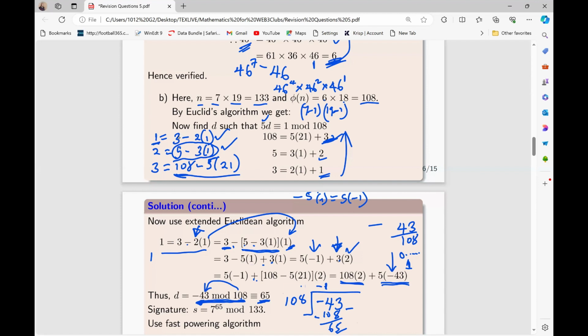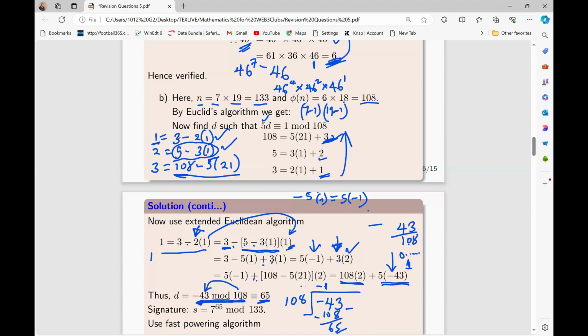So let me just explain again. I just divided 108 into 43. And this time I was assuming that 43 did not have a negative sign. And I discovered it was going there 0 point number of times. So then I make that the next whole number, because what I have is 0. So the next whole number is 1. So that 1, I just give it a negative.